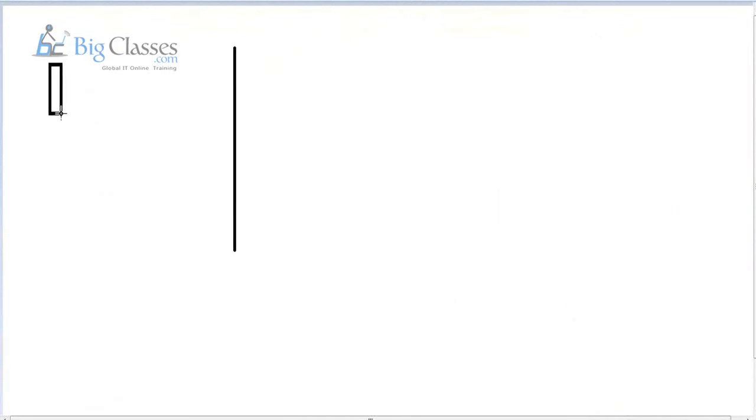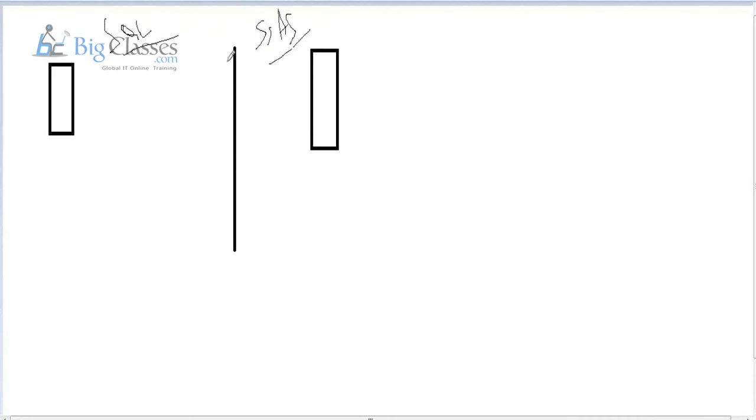Alright, so let's say there is a water tank, and let's say this one is SQL Server and this one is SSAS. I'm just trying to explain in a manual way. Can you guys look into the new MS Paint? Yes. Okay, great.